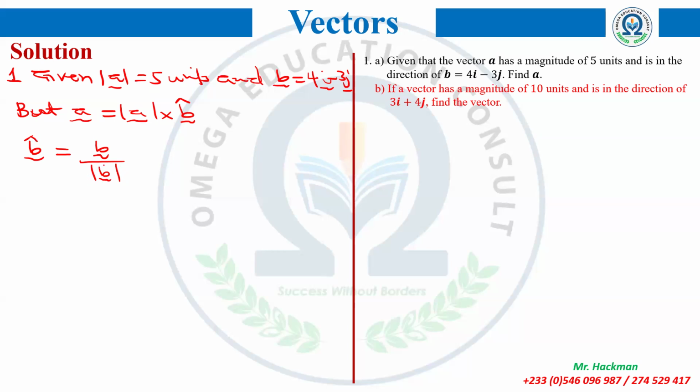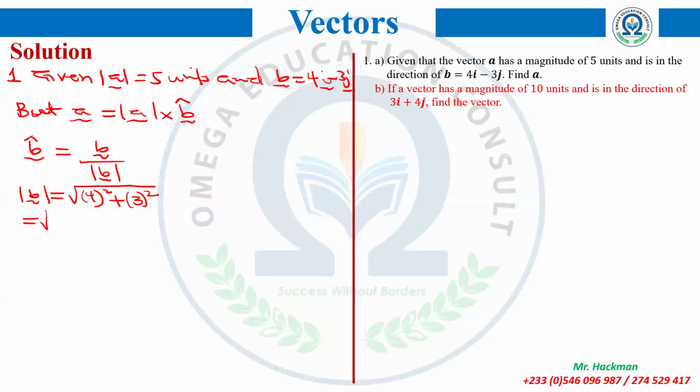So we need to go and find the magnitude. So the magnitude of B will be equal to the root of 4 squared plus minus 3 squared. We know how to find the magnitude of vectors.